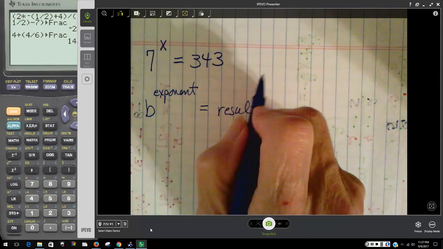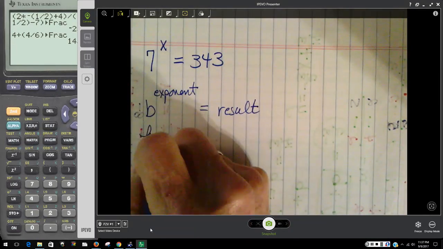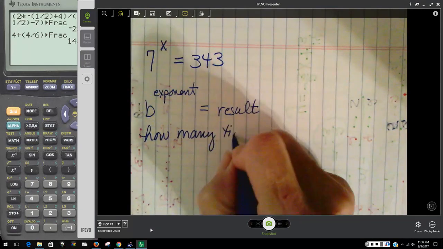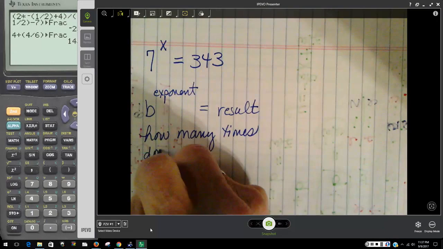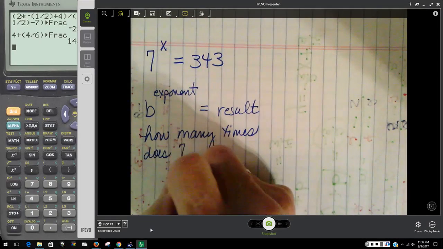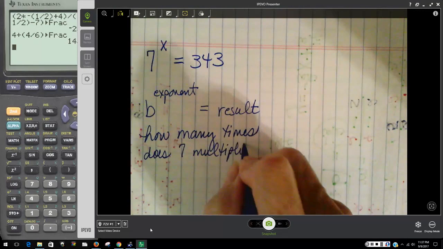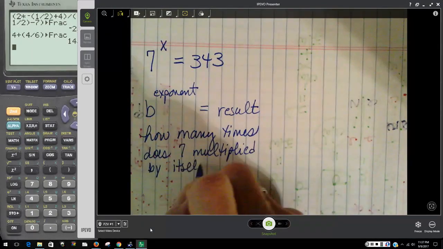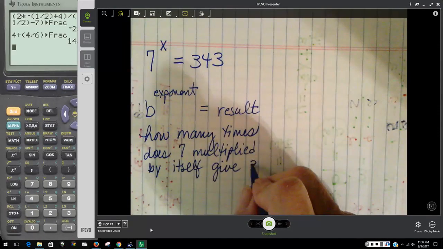And what this is basically asking you is how many times does 7 multiplied by itself give 343?